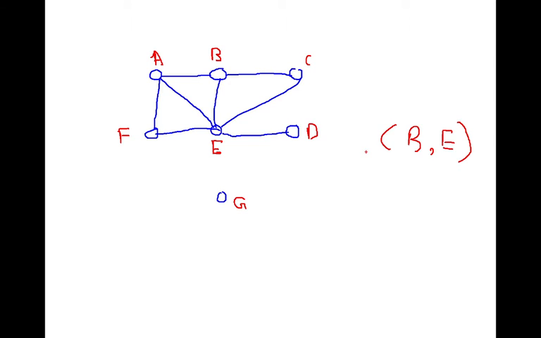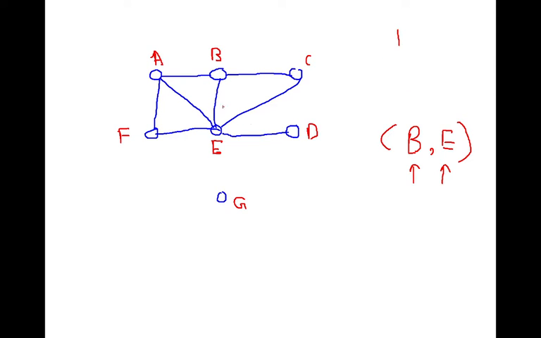So I have to see how many nodes in the graph are such that these nodes are neighbors of both B and E, right? Now if we see, node A is connected with E, and node A is connected with B as well, right?